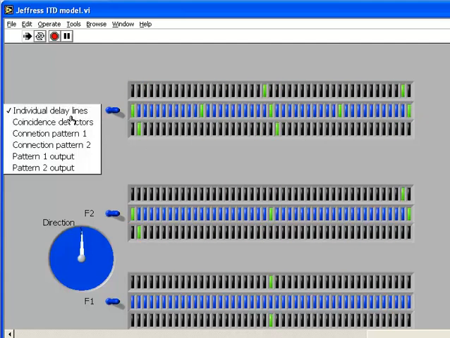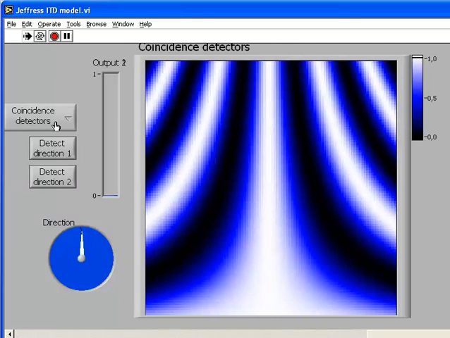So what I should get is something that looks like this. So here a single patch, and as I go up in frequency I get more and more activity patches for each delay line. So delay lines run horizontally, frequency runs vertically.